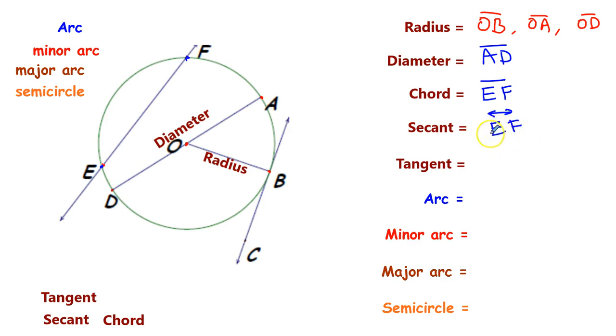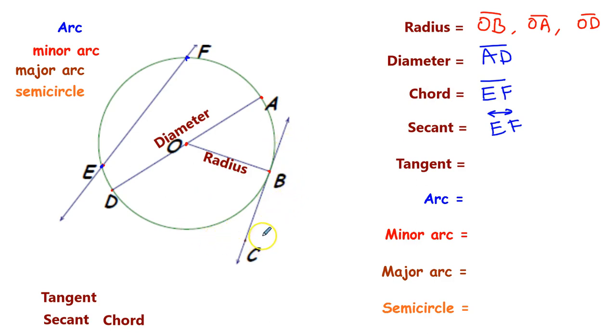So EF in this case is a straight line, cutting the circle at 2 points E and F. Whereas in the chord, it is a segment with endpoints at E and F. Please try to distinguish between a segment and a straight line. Okay, very good.